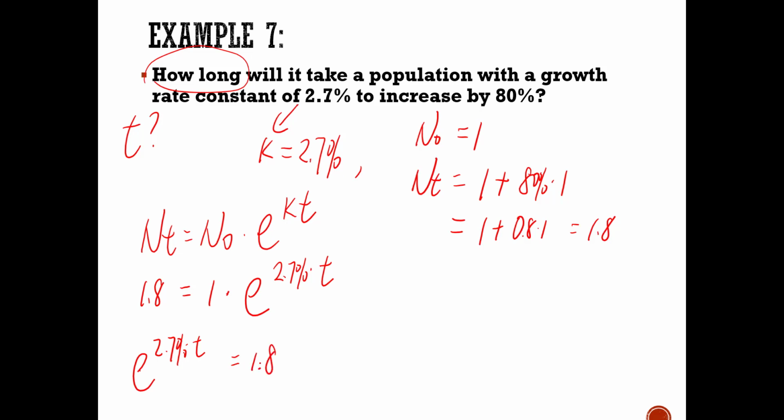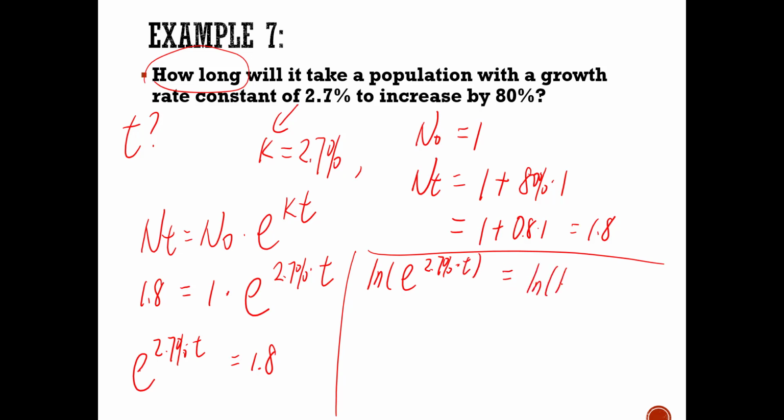And we take the ln of both sides of the equation. And then that's equal to ln of 1.8. And then simplify a little bit, so we get 2.7% times t equals ln of 1.8.